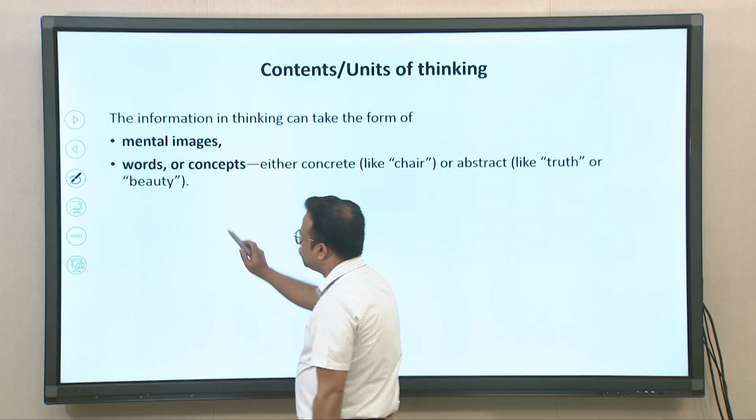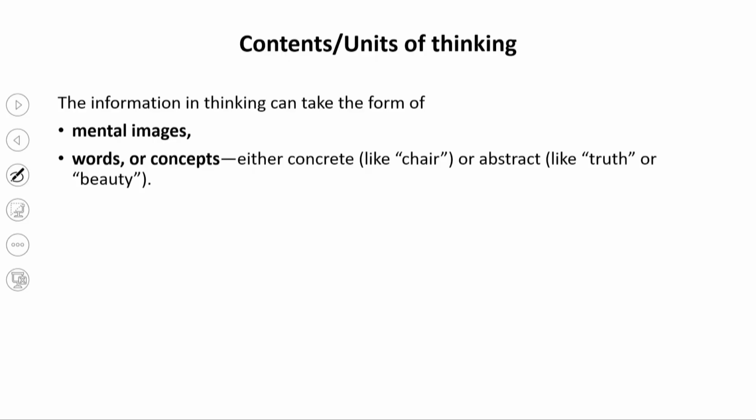Contents include two major forms. One is called mental images, another is called words or concepts. One form of content that we use for thinking is imagination or images, and the second important form of content is mostly language, that is, words and concepts.